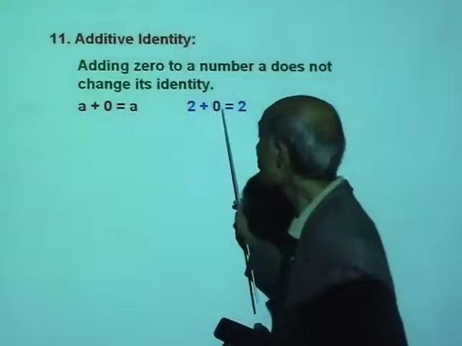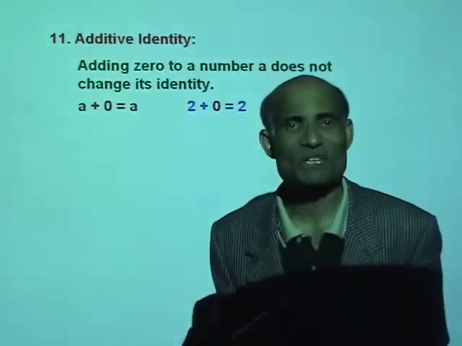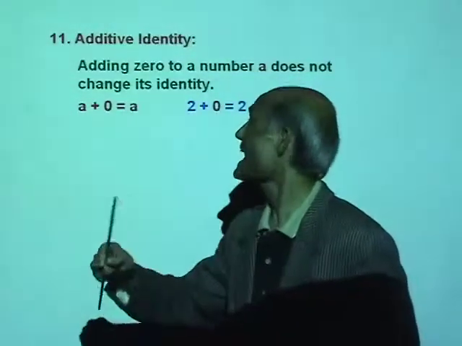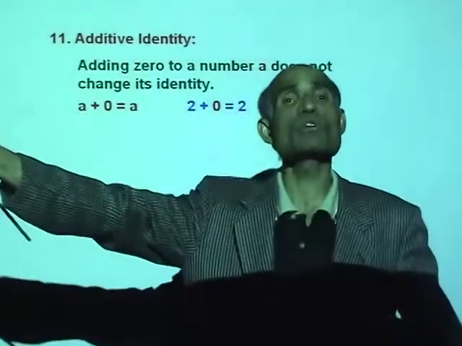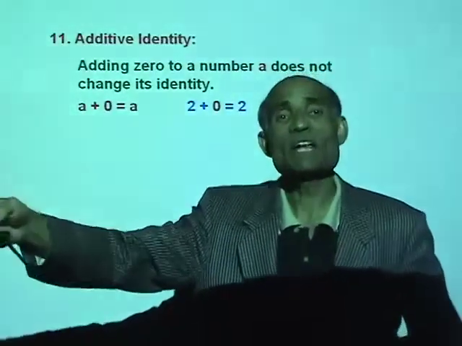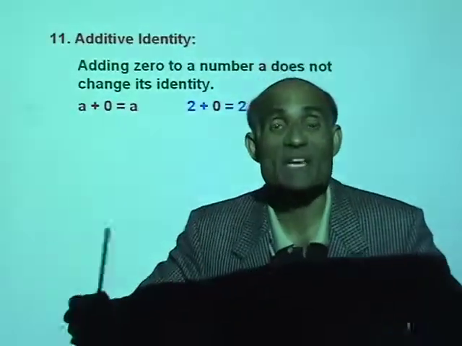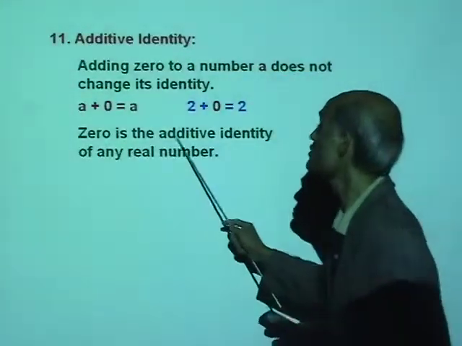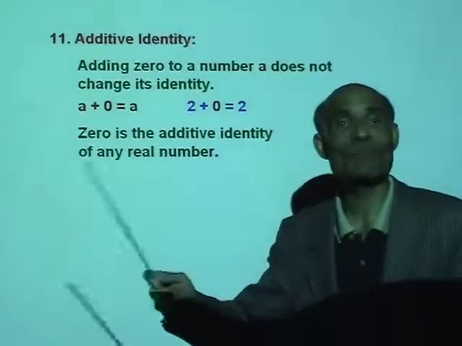Therefore, you can actually give a name to 0 using this. What name can you give? 0 is called the additive identity of any real number. Adding 0 to a real number does not change the identity of that real number. 0 is the additive identity of any real number.